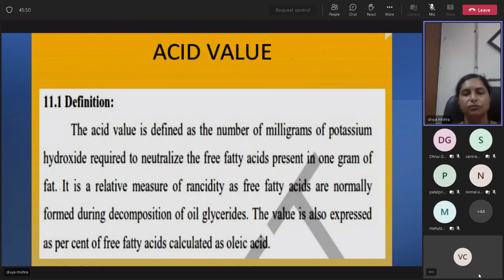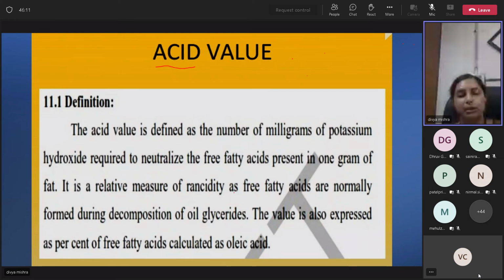We will perform the titration directly by KOH, just to determine how much free fatty acid is present. We are determining the presence of acid in the sample. So it is a relative measure of rancidity.